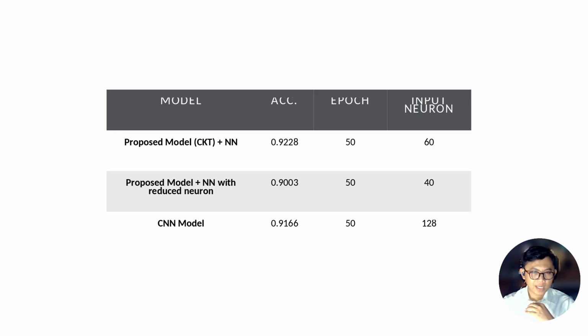Second, we try to decrease the input neurons from 60 to 40. We eliminate 20 of them. The features we eliminate are the z features, so we only use the x and y features. X is 20 and y is 20, and if we sum them, we have 40, right?